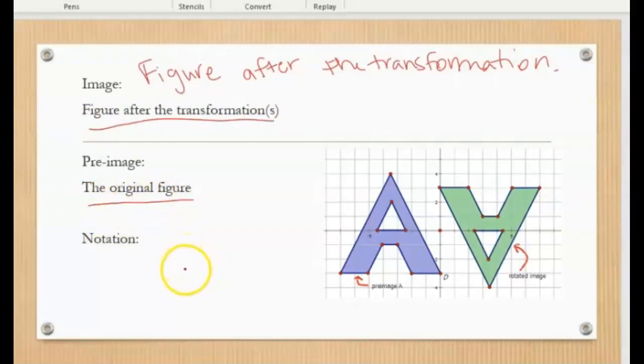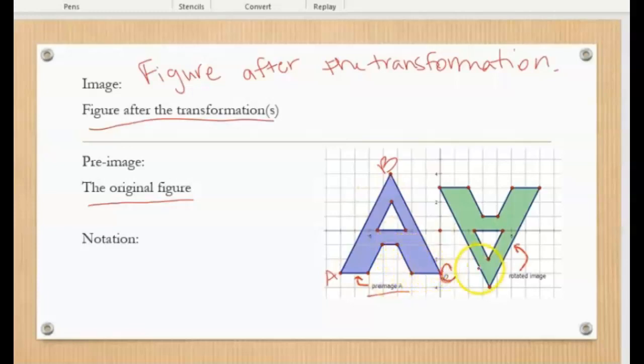And we have some special notation for this, of course, always, right? There's always going to be some way to shorthand write this. So here they're telling us that the blue A is the original figure. It's the pre-image. So to label this, we're going to use capital letters to label points. And I'm just going to do ABC as an example, sort of the three corners. You can see there's a lot more points in that shape, right?